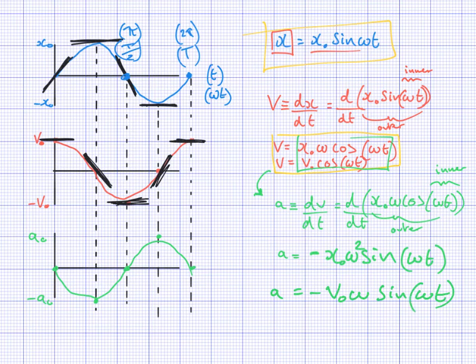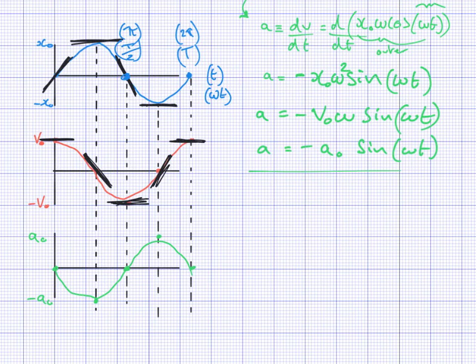That's possible, just a simplified version. Or we can go one step further and say that v naught omega is my acceleration. So I can say that the acceleration at a particular time is going to be equal to the maximum, so the a naught, the acceleration naught, sine omega t.